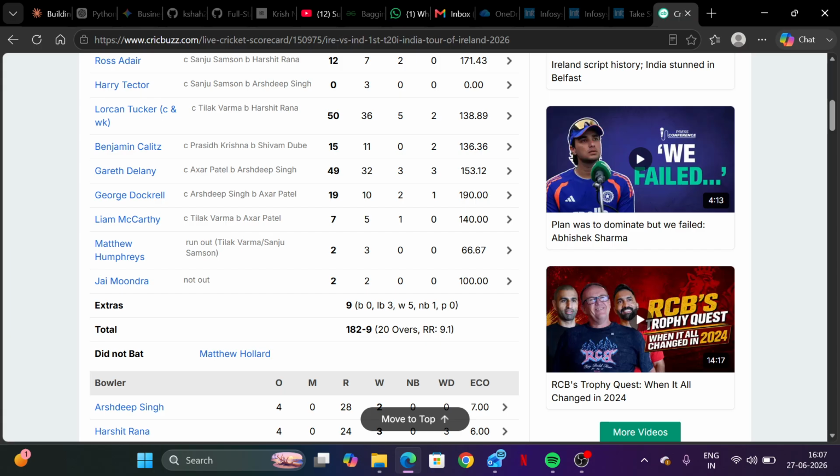Now, I would like to talk specifically about Washington Sundar. Washington Sundar is used as a spin option at the death rather than in the middle overs, where the Ireland batters were still finding their footing. I think his most expensive over came at exactly the moment India could least afford it.